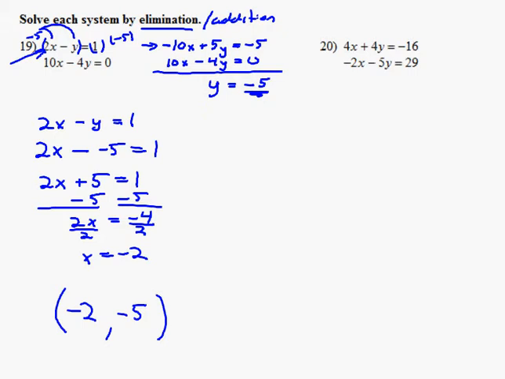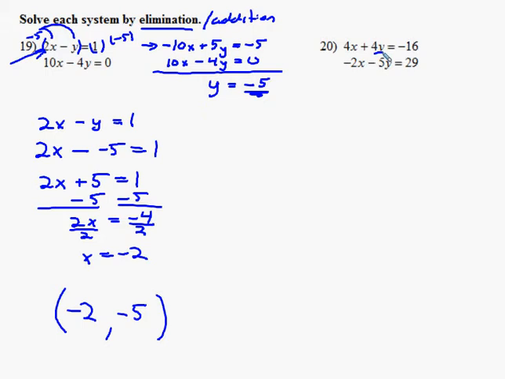Let's go ahead and eliminate the y's here. Probably not what I would normally do, but I just want to show you something that we can do here. So to eliminate the y's, this is a 4y, and this is a negative 5y. So they're already opposite signs, which is good, but we want them to be the opposite number.